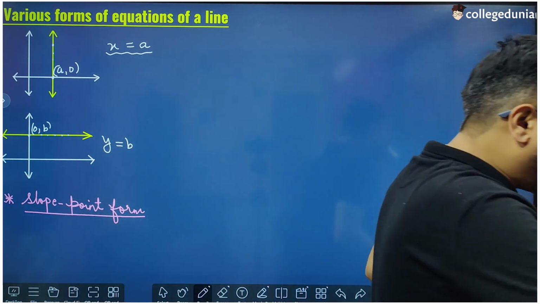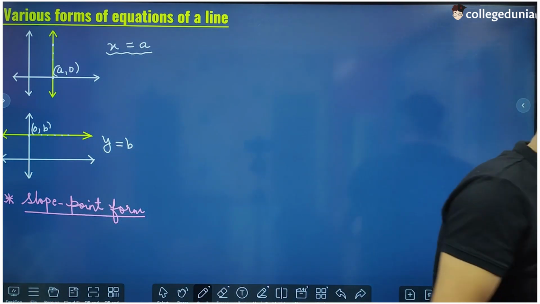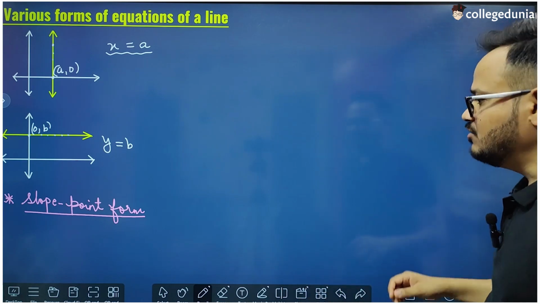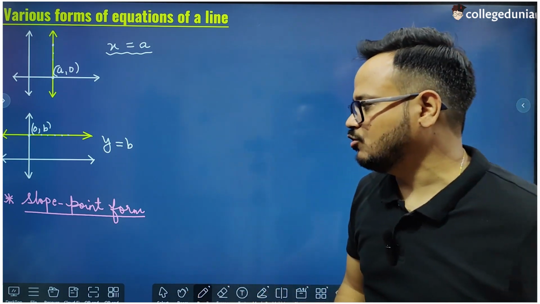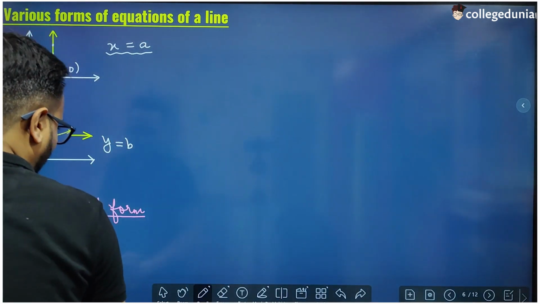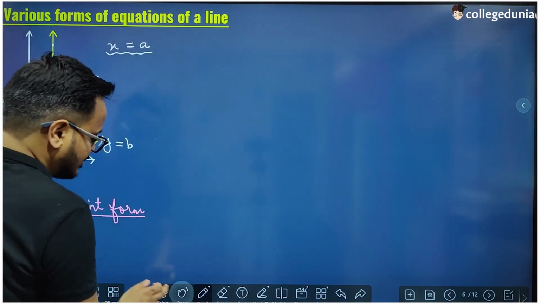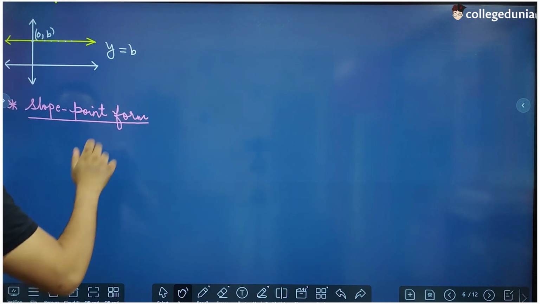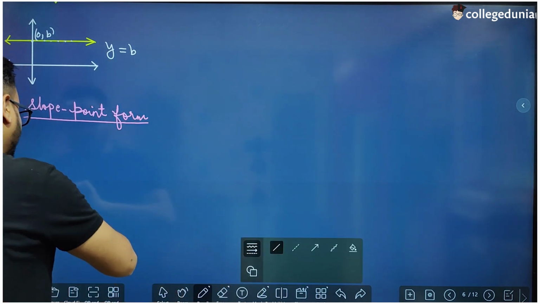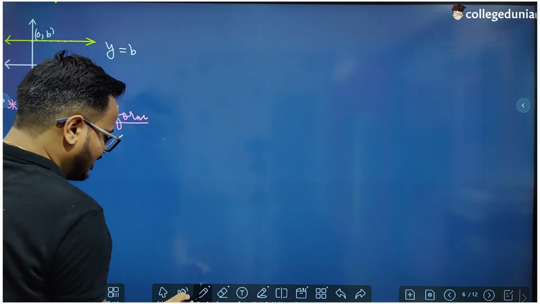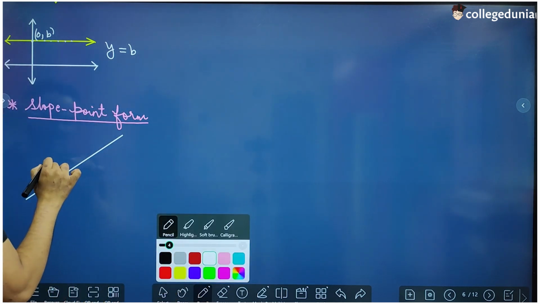And in every formula, we will discuss what are the two parameters that we will use in this formula to find the equation. So slope point form is a form in which we know two parameters. One, the coordinates of a point on the line, and second, the slope of the line.